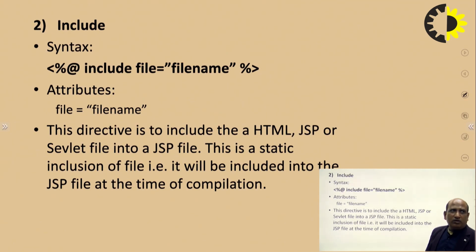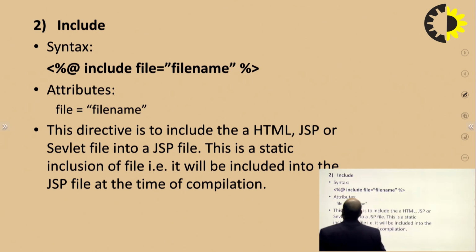Now move on to the include directive. As I have already told you, whatever directive tag it is, the starting is this angular bracket %@. If it is page directive, you write page; here it is include directive, so you have to write include.